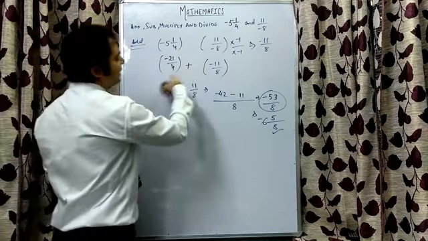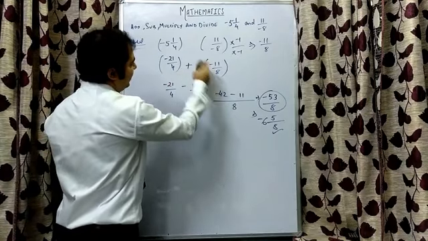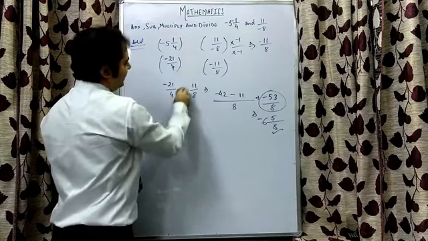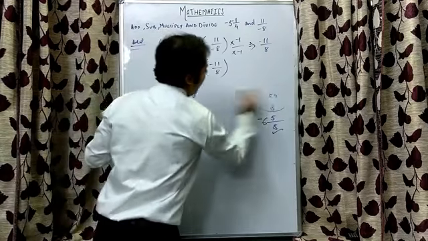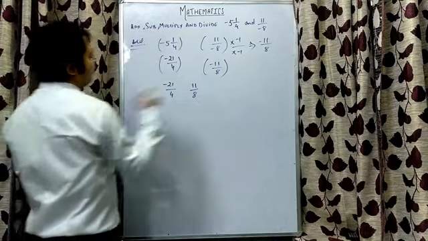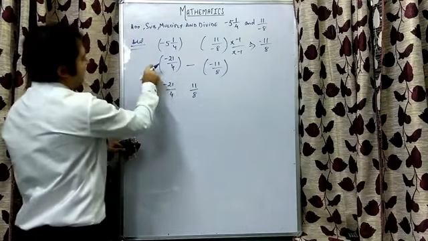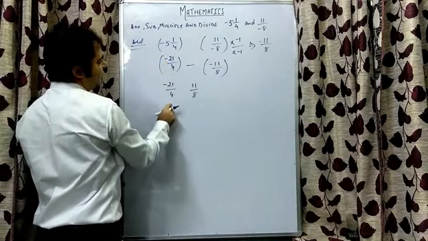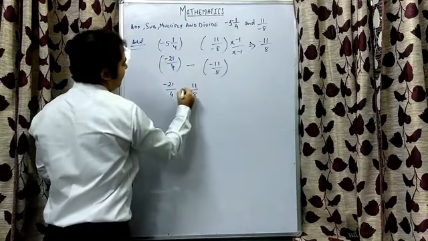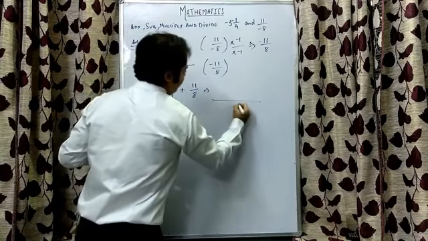The next was we need to subtract both the terms. So after converting them into standard form, we will subtract, and then we will see how it has to be done. So minus 21 by 4 minus 11 by 8: plus into minus is minus 21 by 4, minus into minus gives plus. Now the same procedure we will follow.